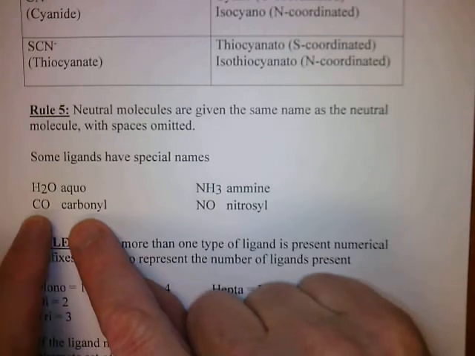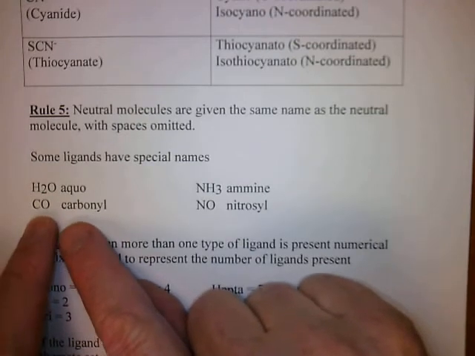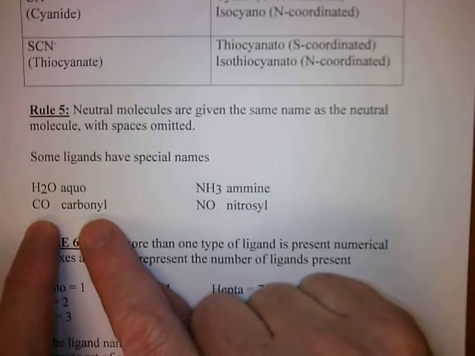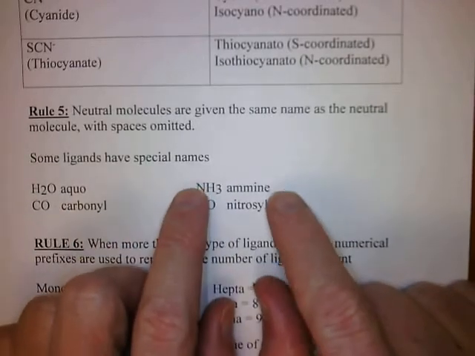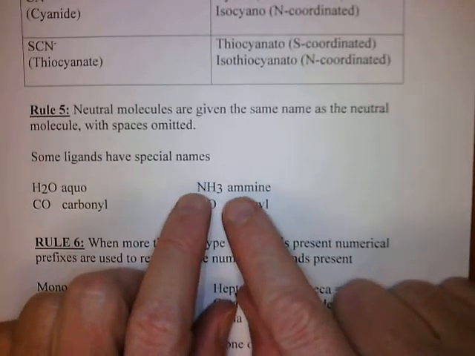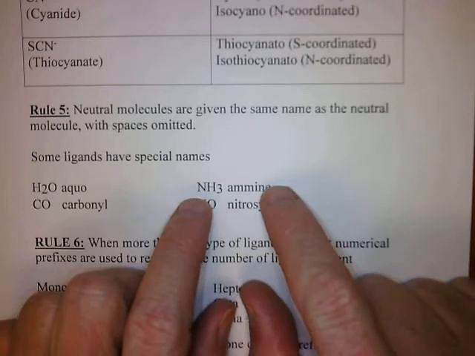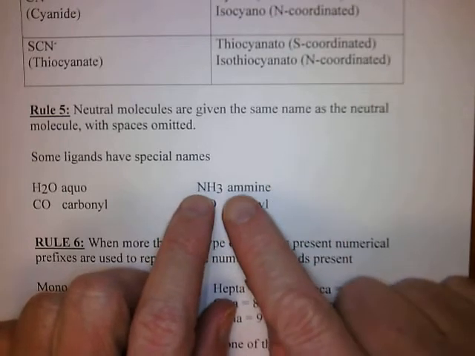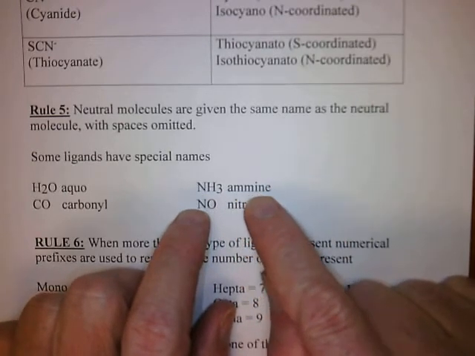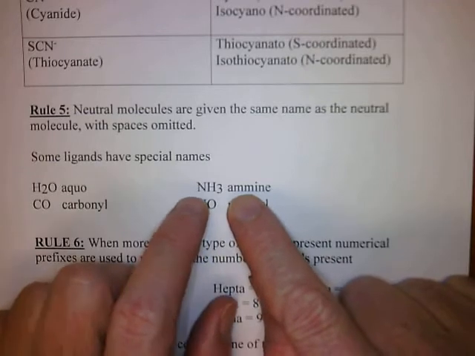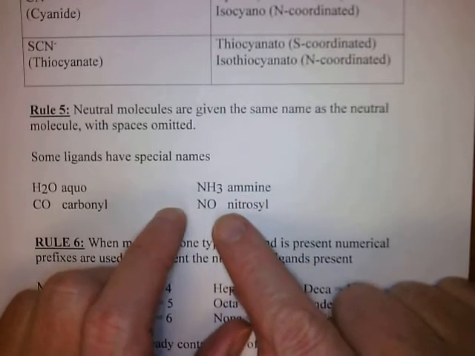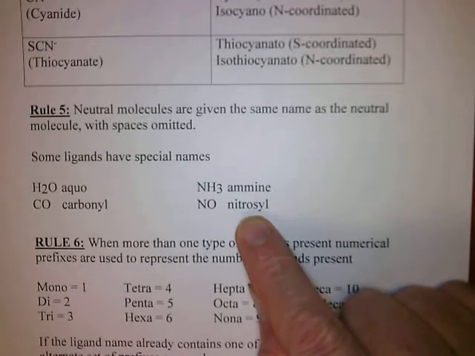When carbon monoxide functions as a ligand, it's given the name carbonyl. When ammonia functions as a ligand, it's given the name amine. And yes, the spelling is correct. It's supposed to have two M's in it. Amine. And NO is nitrosyl.